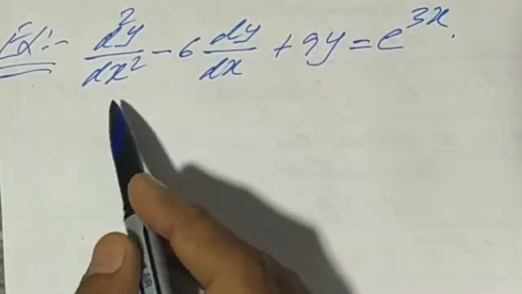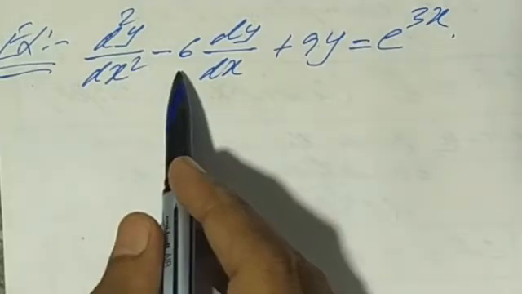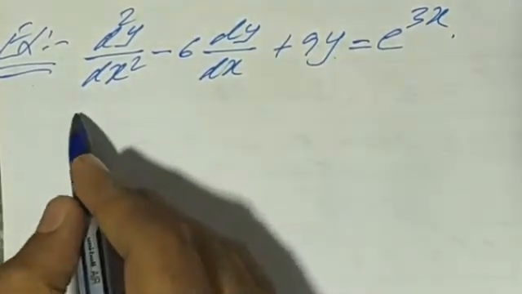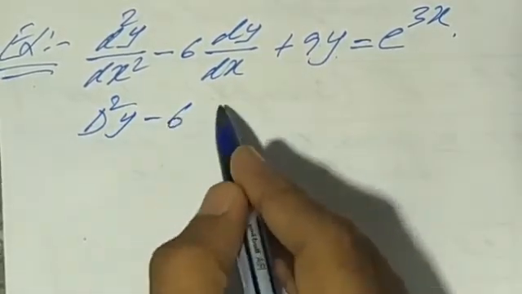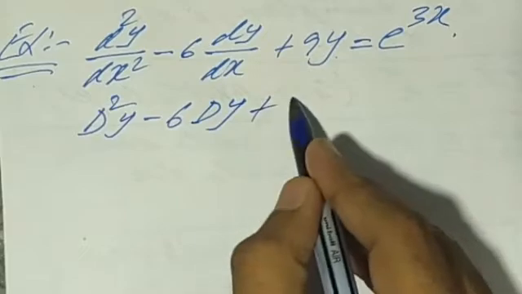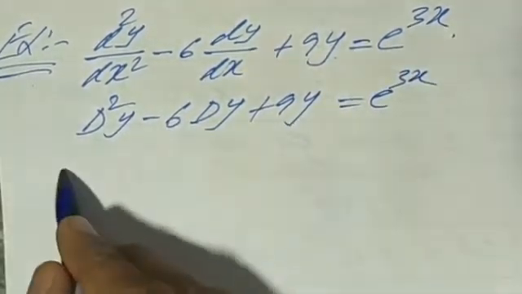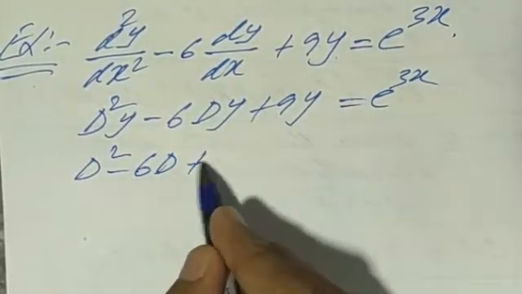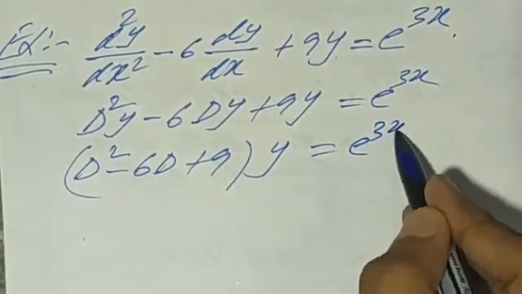For example, if the linear differential equation is given as d2y upon dx square minus 6 dy upon dx plus 9y is equal to e raised to the power 3x, which may also be written as capital D square y minus 6 capital Dy plus 9y is equal to e raised to the power 3x. Taking y common, we get (D square minus 6D plus 9) y is equal to e raised to the power 3x.